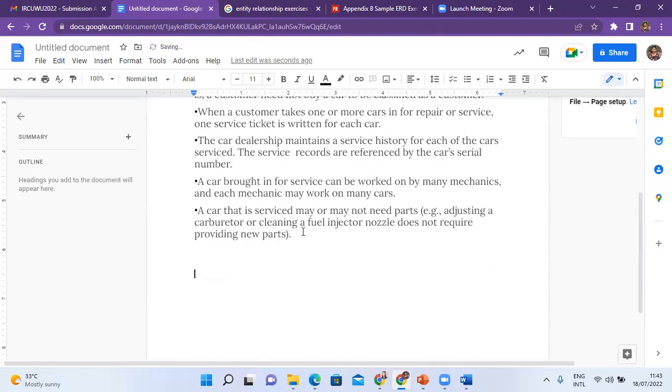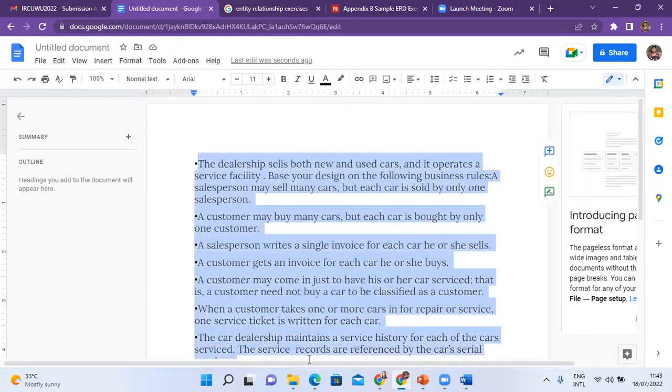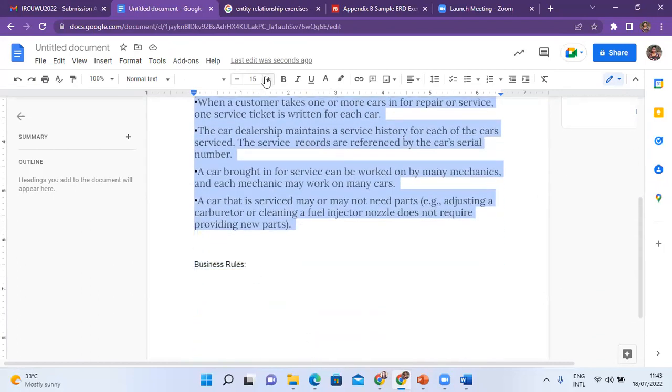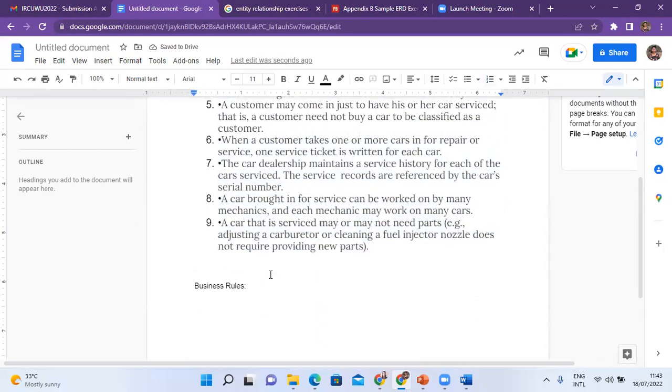So in here, first you have to come up with business rules. How many business rules are there? You have to put the number. Second thing, just put 1 to 3. So first thing business rules.